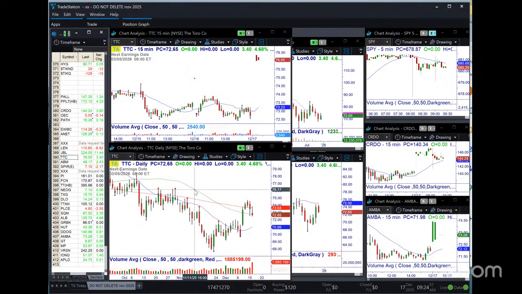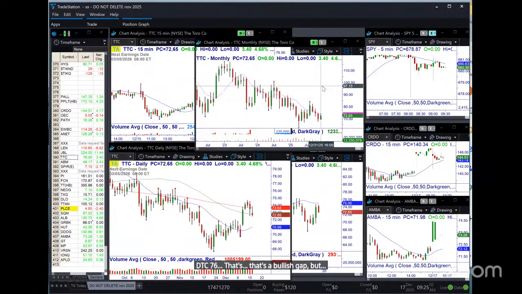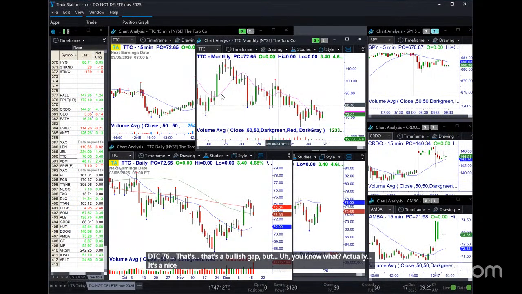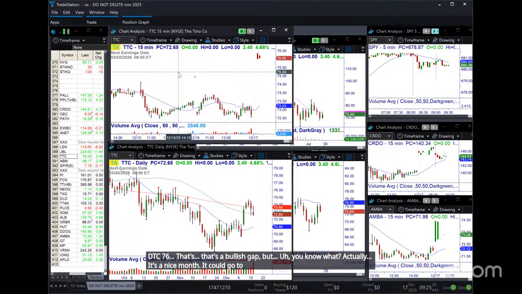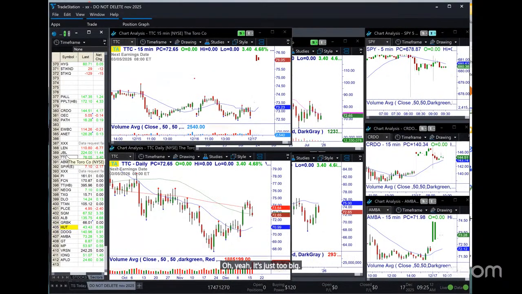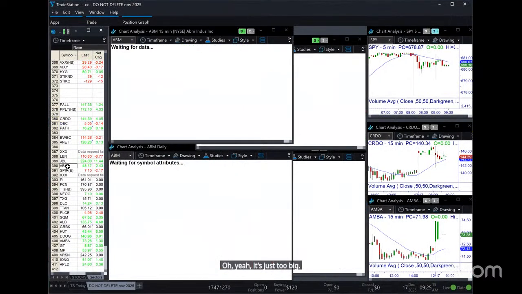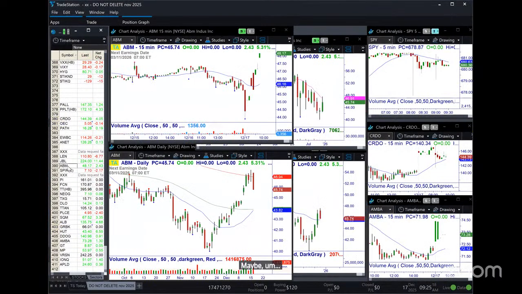DTC 76. That's the bullish gap, but you know what? The monthly says it could go to 80. Oh, the gap's just too big. ABM bullish gap, but up too much.